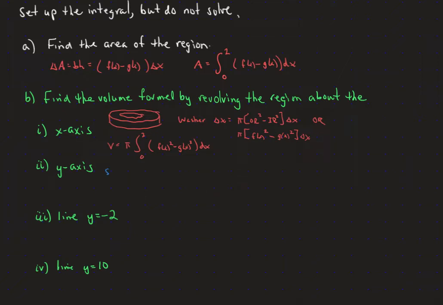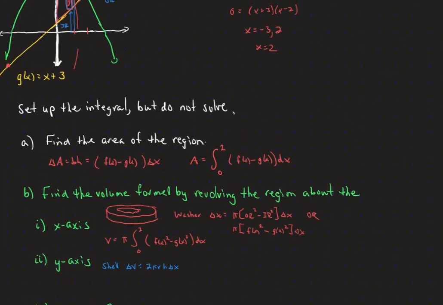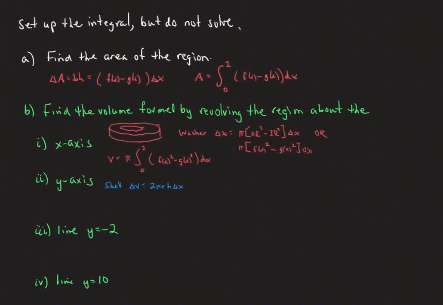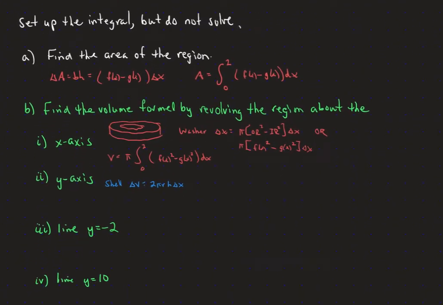Our shell method here means that our delta volume is going to be 2 pi r h delta x. Our radius is going to be that distance from the axis of revolution out to our rectangle. That's the x-coordinate of that point on the rectangle. And the height is going to be our top curve minus the bottom curve.